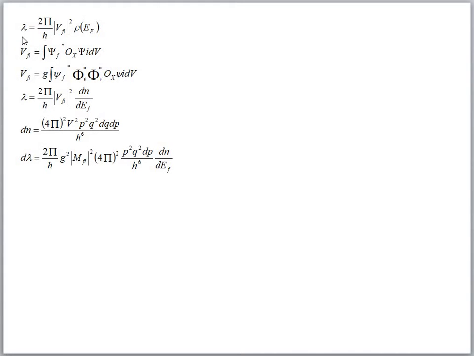We already discussed that lambda is equal to 2 pi by h cut V fi square rho E f, and V fi, the final state, can be written as the integral of psi f star H prime psi i dV. This final state contains psi f star, the wave function of the final nucleus, and the final state containing electrons and neutrinos, so psi f star, phi e star, phi nu star, H prime psi i dV.